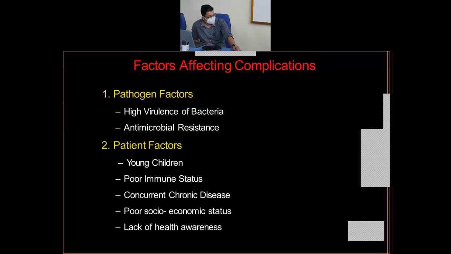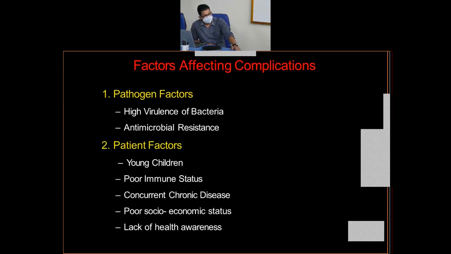And in chronic CSOM, there will be infection with Pseudomonas, mainly Haemophilus influenzae, Catarrhalis and all. Whenever there is high virulence of the bacteria, it will lead to the complication. Then some bacteria are antimicrobial resistant. So these are also a cause for complication. You are giving antibiotics, but it's not responding, and ultimately it will lead to a complication.